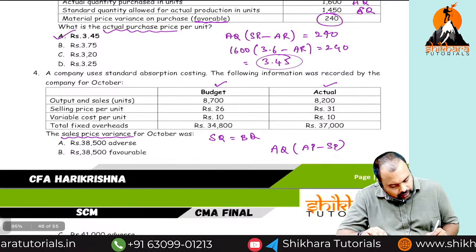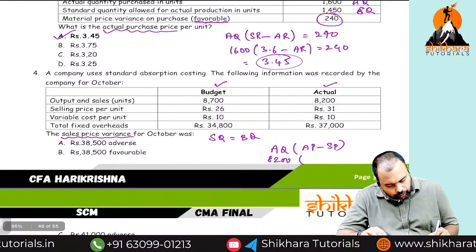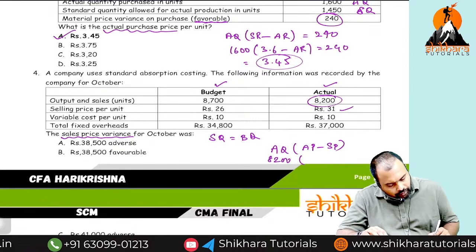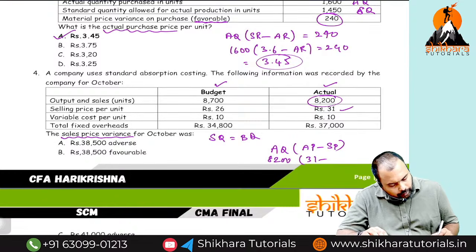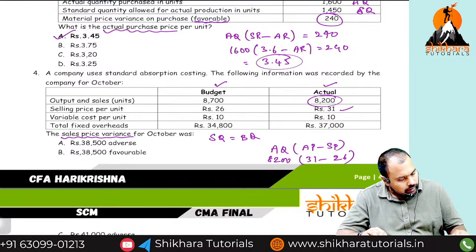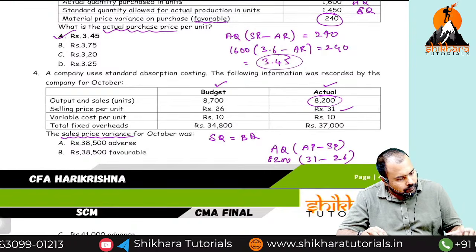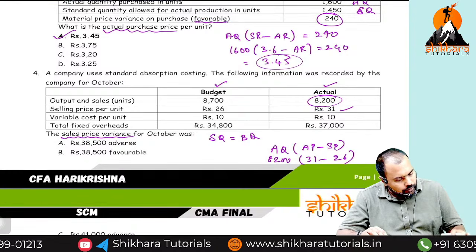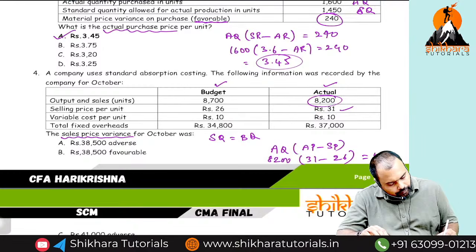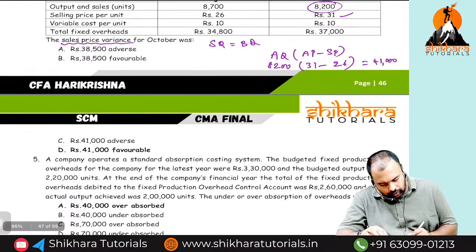So which is 8,200, the actual quantity, into actual price 31 minus standard price 26, which is 5 into 8,200, which is 41,000 favorable.